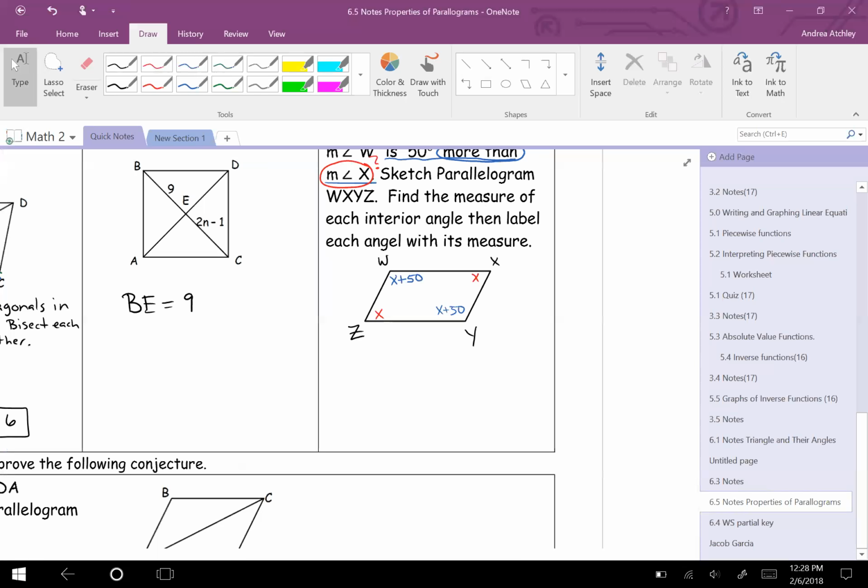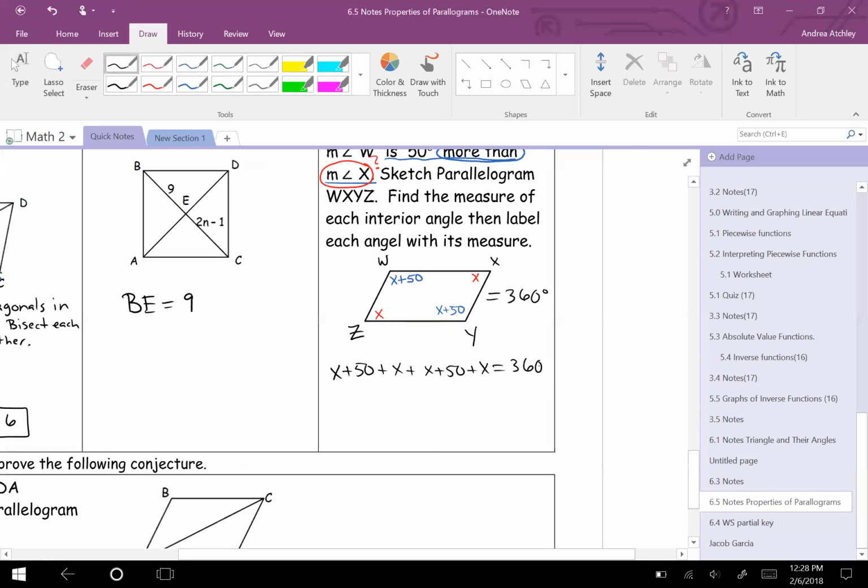Okay, that'll work. So she's saying that all of my angles should equal 360, right? So we can do X plus 50 plus X plus X plus 50 plus X equals 360.